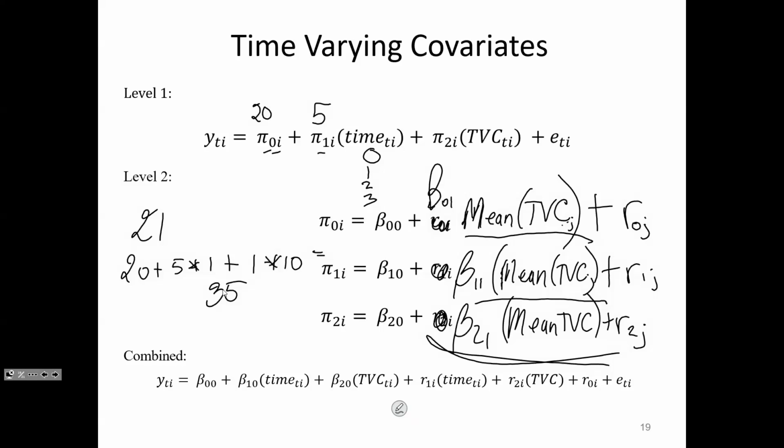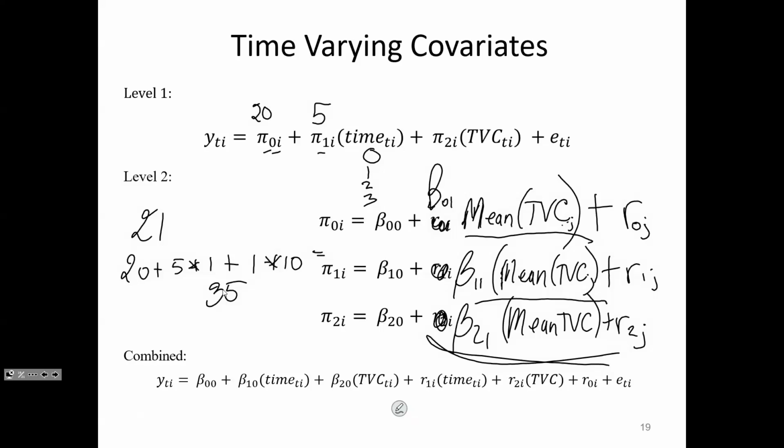Because let's say that I do think the value of the time varying covariate systematically increases across time. So we'll go back to my vocabulary and reading example. If I grand mean center the time varying covariate, let's think about how to interpret the intercept. The intercept is reading achievement at the first time point, at the start of the study, when the value on the time varying covariate is at the overall mean.